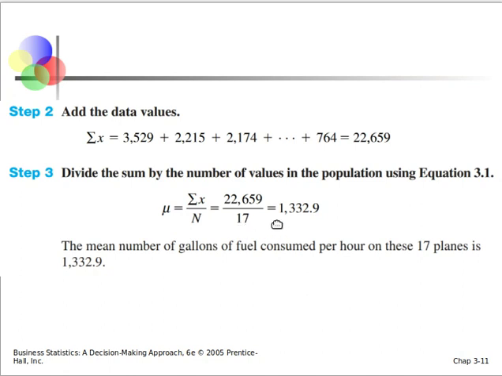So the answer is 1,332.9 gallons per hour. The mean number of gallons of fuel consumed per hour on these 17 planes is 1,332.9.